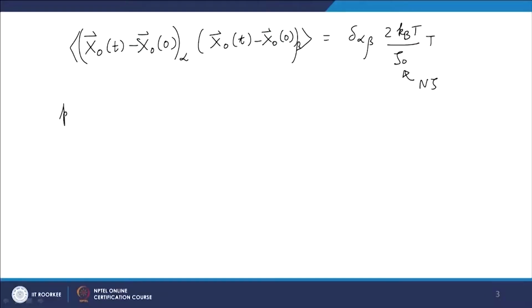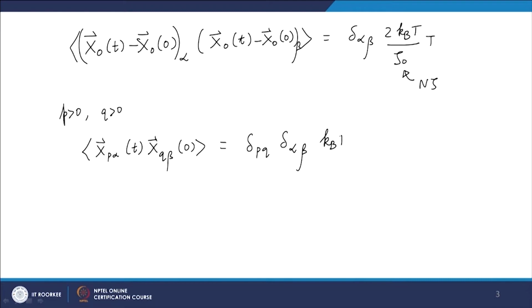In general, for p higher than 0, or also q higher than 0, we can write this as delta pq delta alpha beta kBT by Kp times exponential of minus t by tau p.